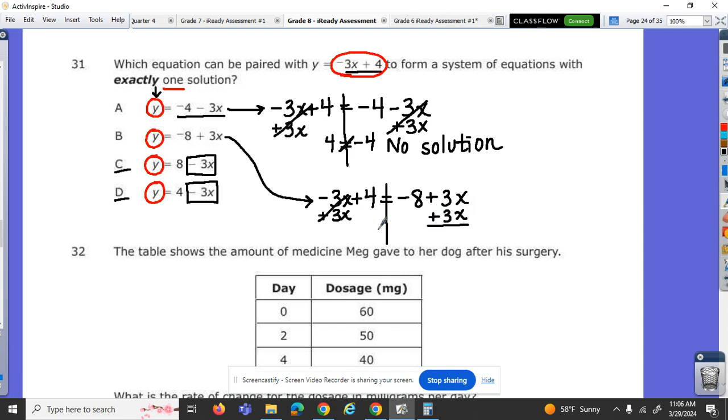So now we have 4 left on this side equals negative 8 plus 6x. I can already tell that this one's going to work out to have one solution, but let's just solve it just because we can.